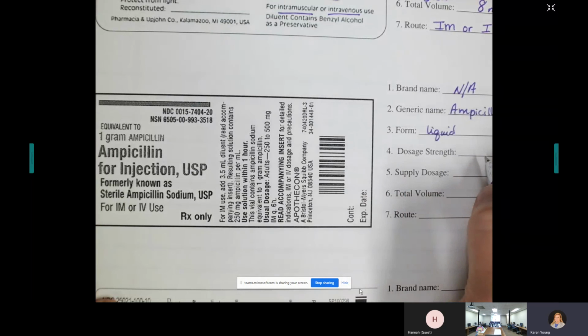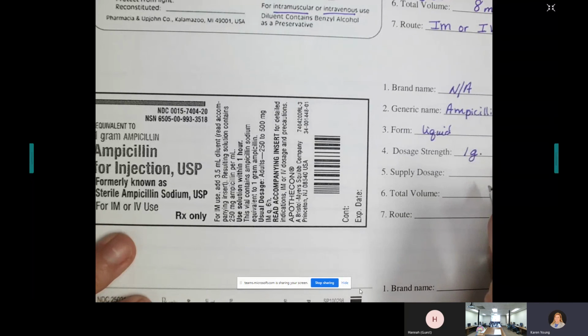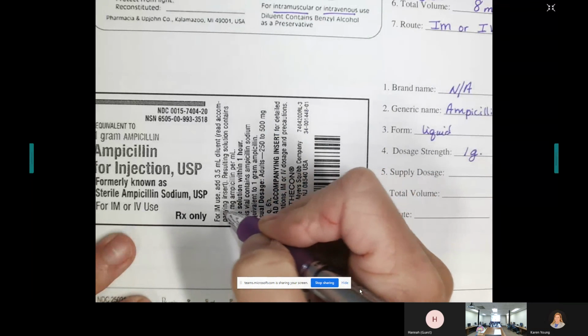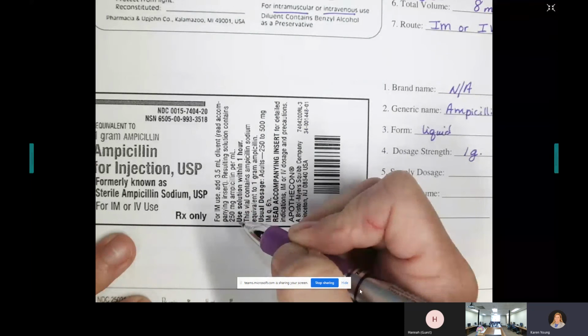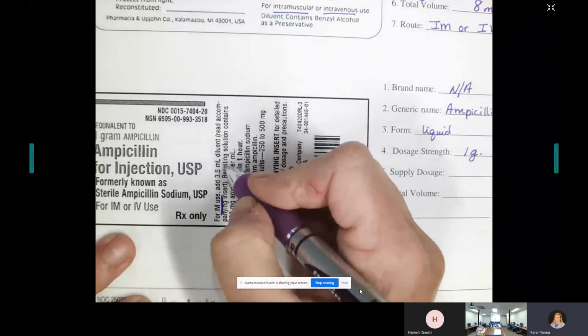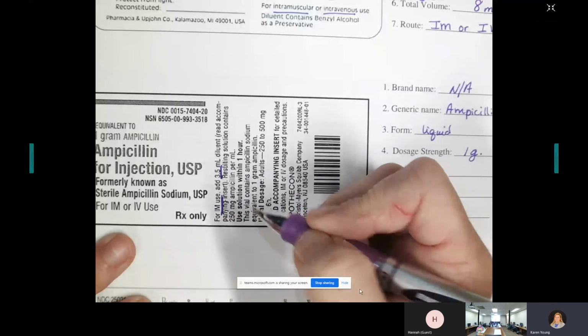What's my dosage strength? We could go with 1 gram because there's 1 gram in the vial. Now, my supply dosage depends on how you're giving it, because it says for IM use, we add 3.5 milliliters of diluent.